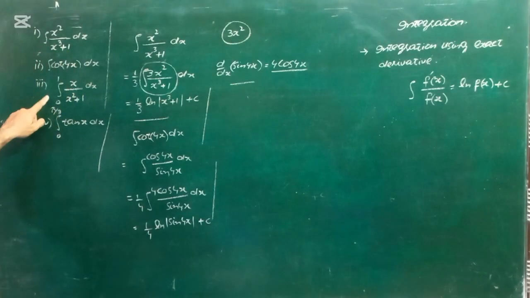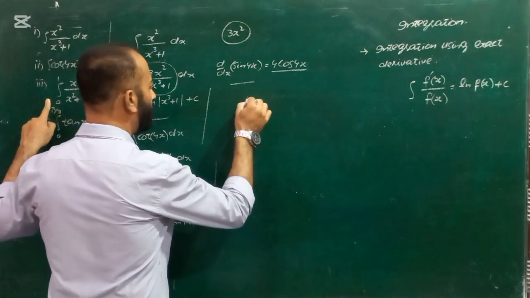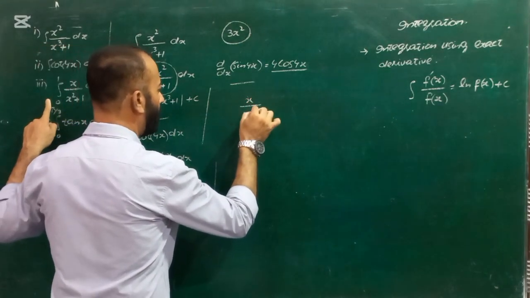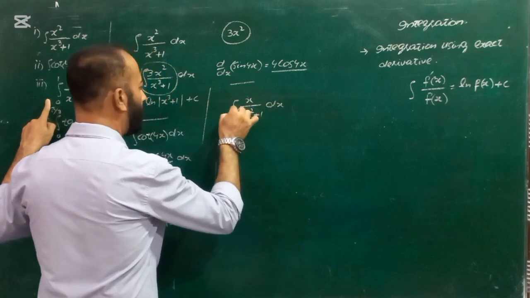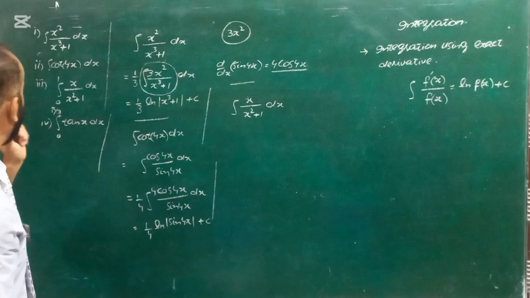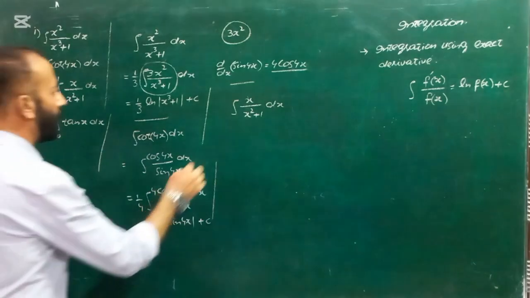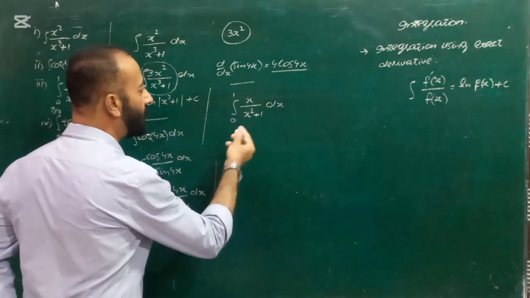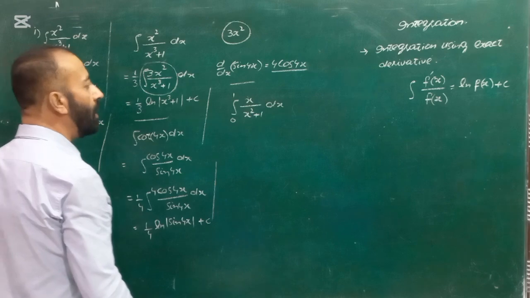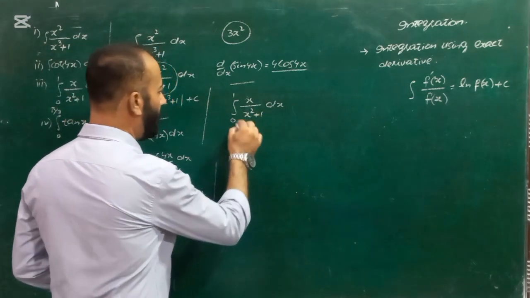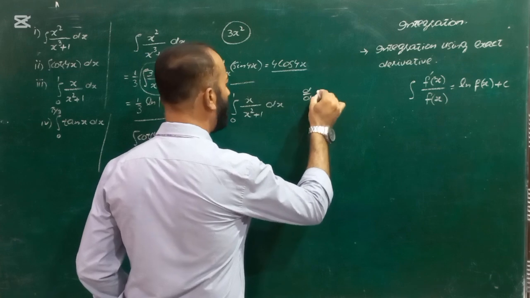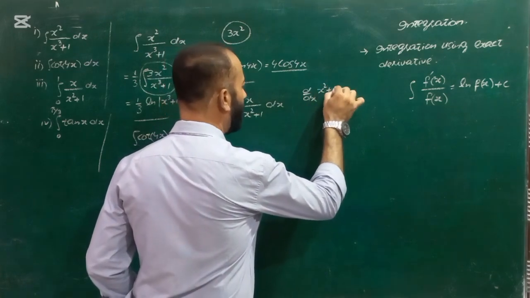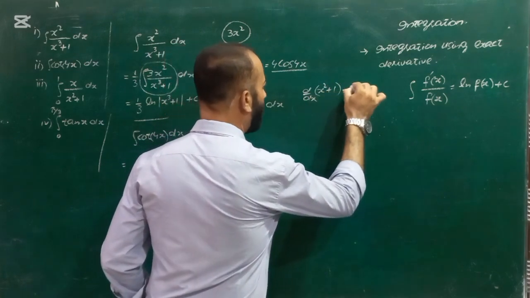The third question, that is x over x squared plus 1 dx, sign of integration, and here limits are there, so it means this is our definite integral. So first, in the denominator is x squared plus 1, so the differential of x squared plus 1 is 2x.